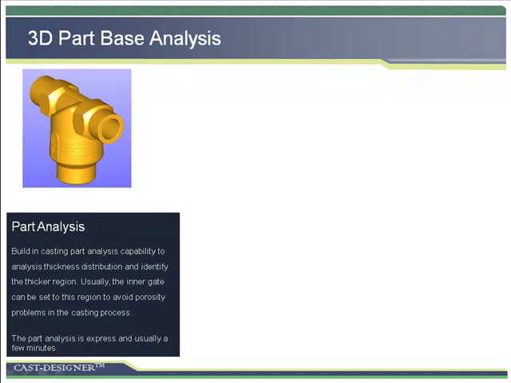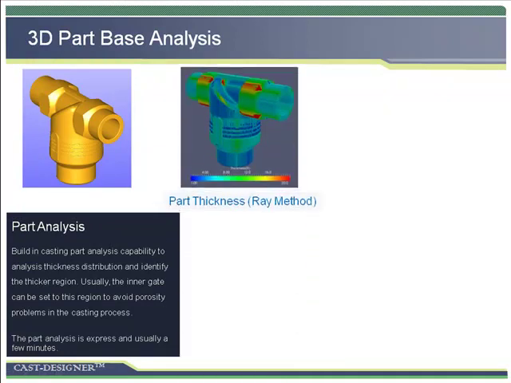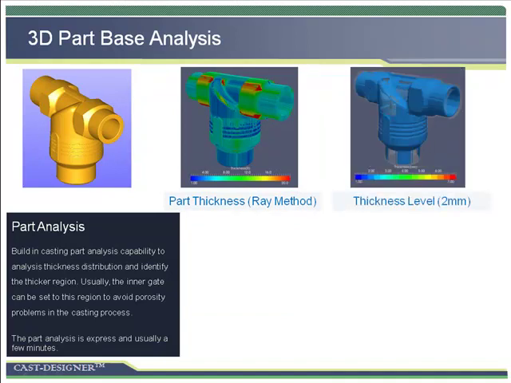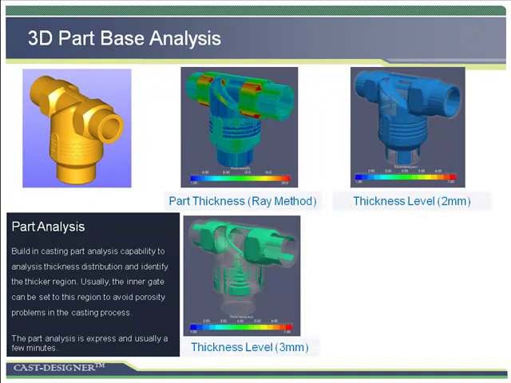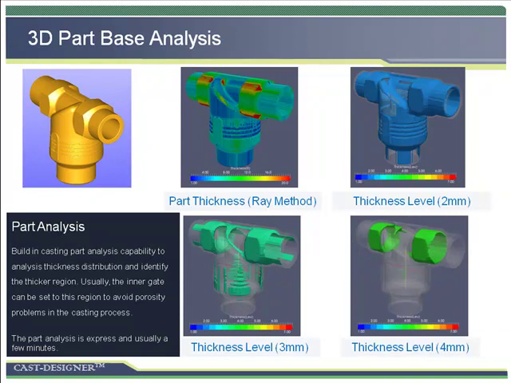This presentation shows the 3D part base analysis. The casting process result depends on many factors, but mainly by part material, geometry, and the process. The 3D part analysis is mainly focused on the part geometry. The built-in casting part analysis capability can analyze thickness distribution and identify the thicker region.